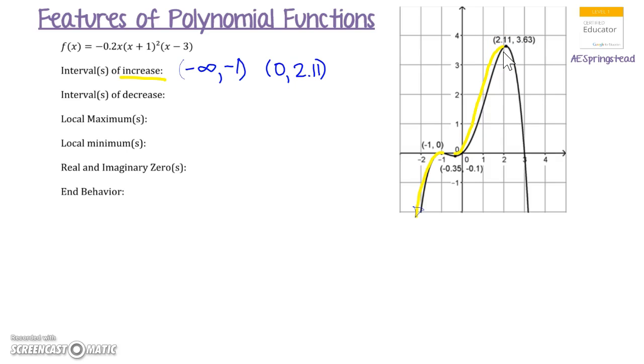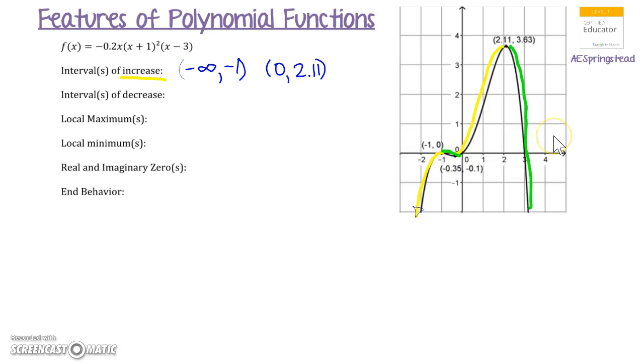The next question asks for the intervals of decrease. So where is it decreasing from left to right? And I notice the first place it decreases is right here, and the second one is over here. For the first interval of decrease, it's decreasing from an x-coordinate of negative 1 all the way until it reaches an x-coordinate of negative 0.35.